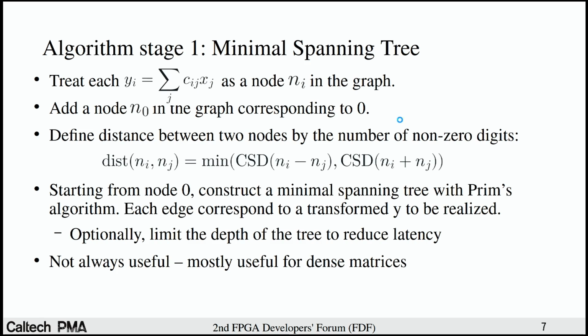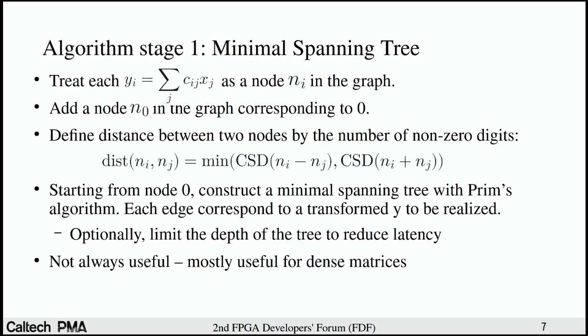And the distance is defined by taking the sum and the difference between the representations, and you compute the number of digits that are non-zero in the CSD representation or MSD representation. And it's the smaller one between these two. And basically, you can construct an alternate problem that is equivalent to the original CMVM problem, but can be easier or actually harder.